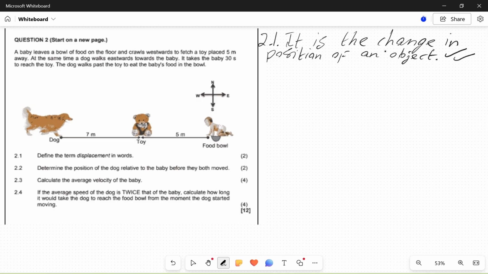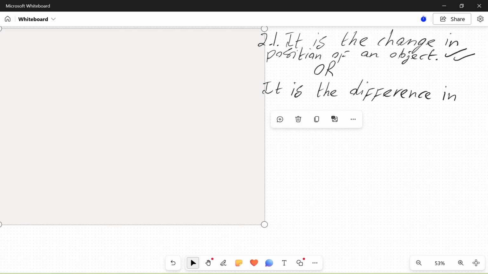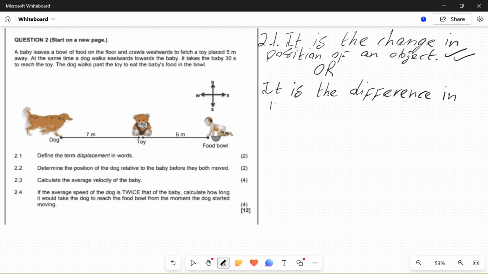There's another one. You could say displacement is the difference in position, let's say, in space.